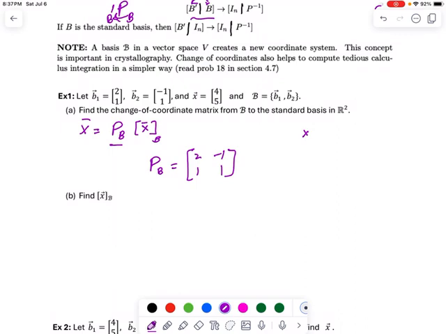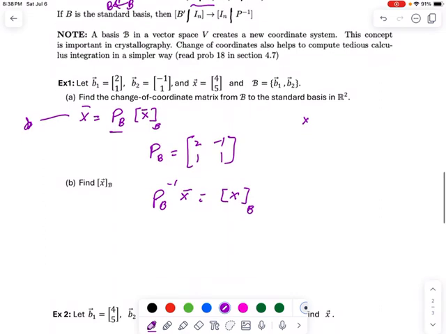From this equation, as we saw before, P_B inverse times X equals the coordinates relative to B, or the coordinate vector relative to the basis B. So we need to find P_B inverse.